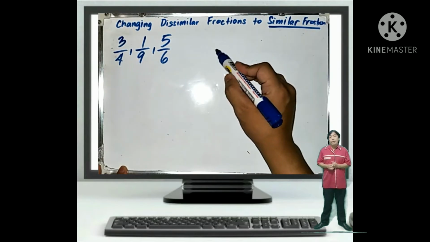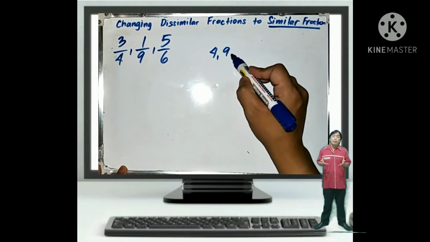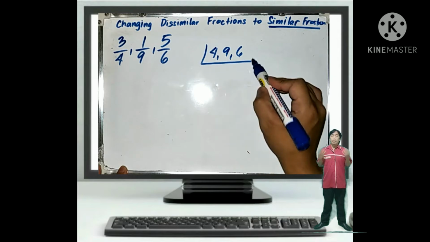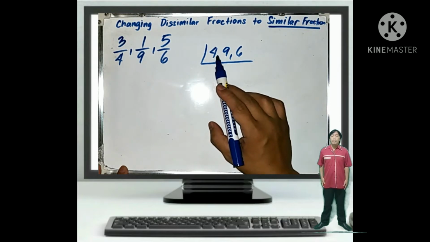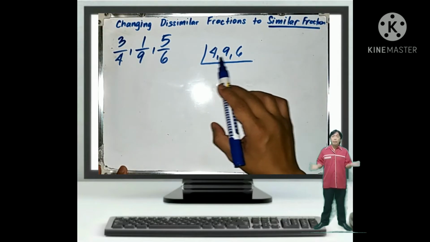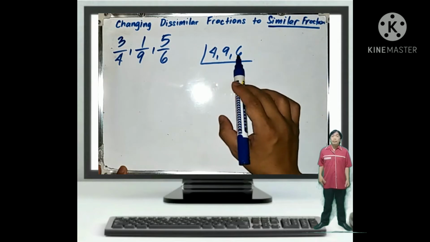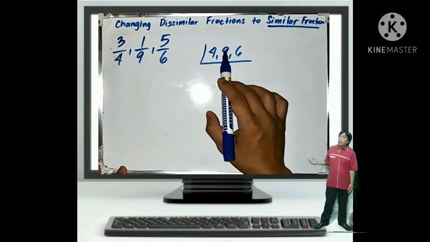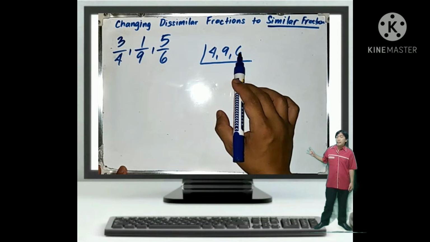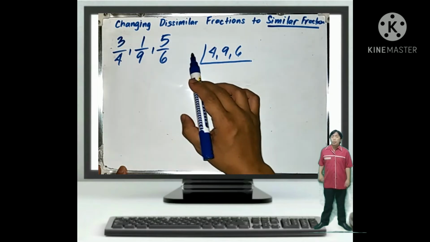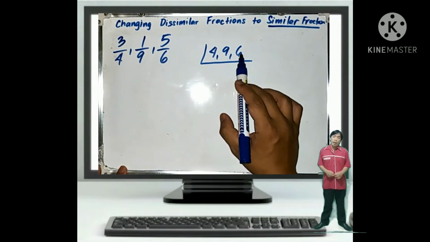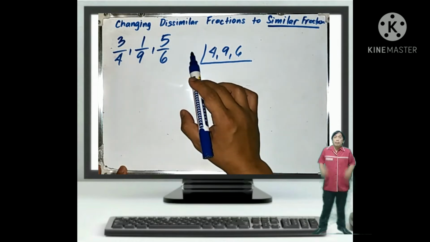Okay, let's get the denominators 4, 9, and 6. Let us think of a prime number that these 3 numbers can be divided by, even by 2 numbers only. So, since 9 and 6 can be divided by 3, I can use 3 here. 4 and 6 can be divided by 2, I can use 2 also here.